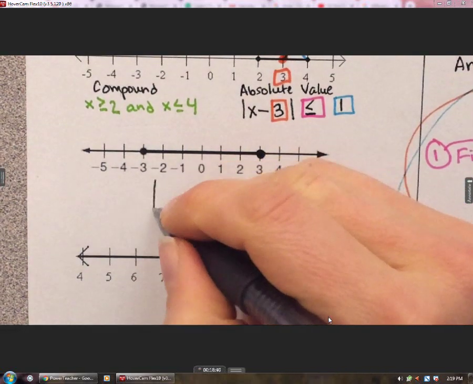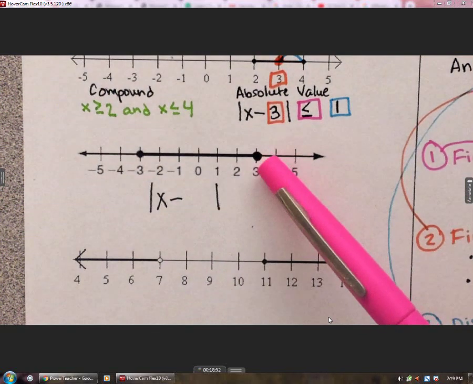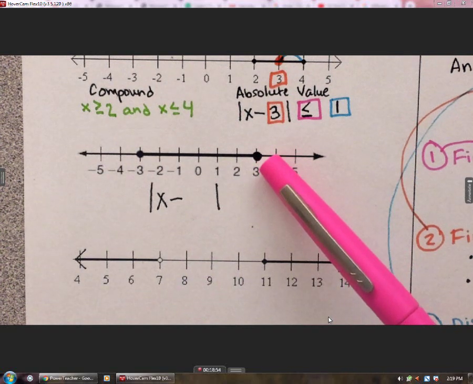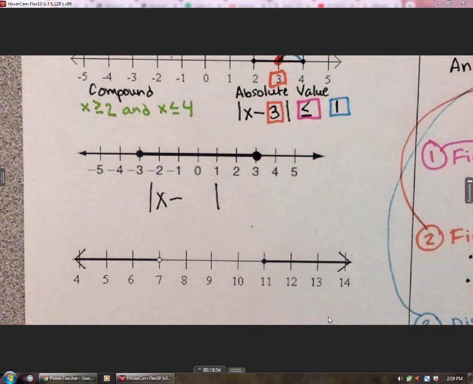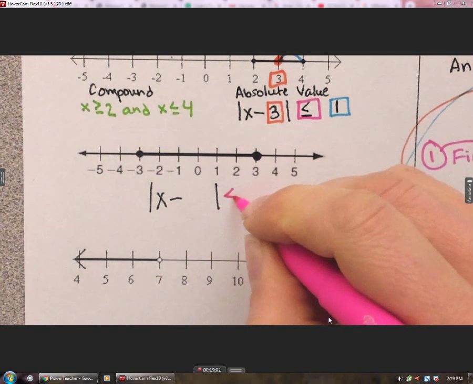I know my answer is going to look like x minus. First step was what? Find the inequality sign. Is this picture an and picture or an or picture? And, so my symbol will be less than or equal to.